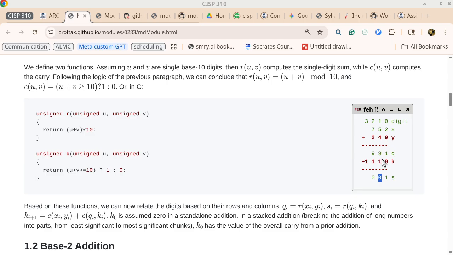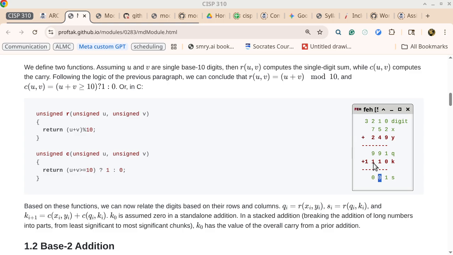However, 9 plus 1, the q1 plus the k1, does have a carry of 1. That carry of 1 is why we have k2 being a 1. Is that okay? It is the same kind of addition that you already know. I just write it in a different way. Is that okay? All right.